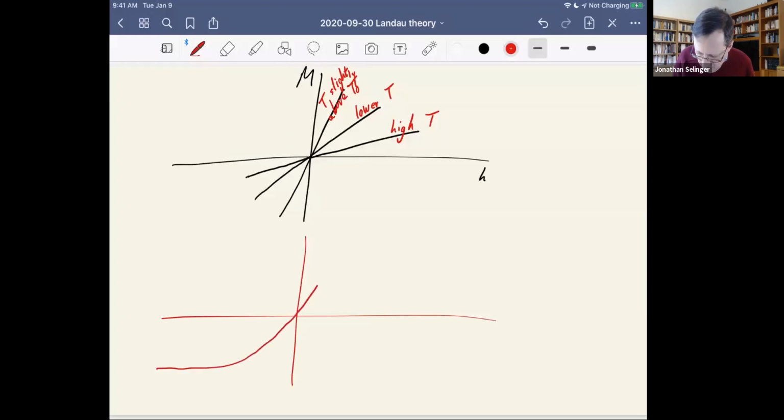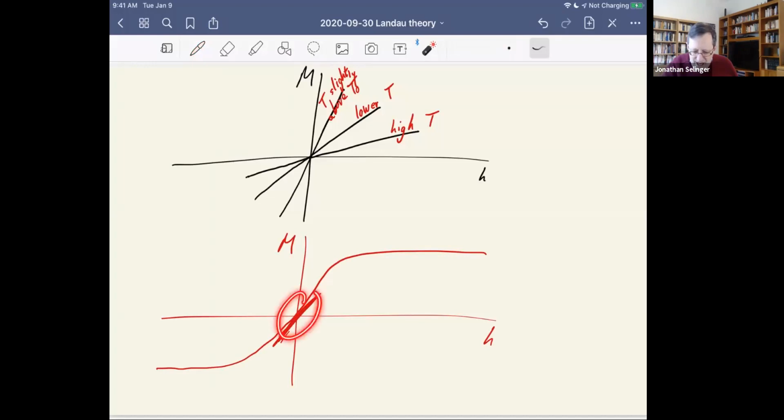We calculated this hyperbolic tangent behavior, and we had M as a function of H, like that, right? And we looked at what was the slope right there, right? And the slope was getting bigger when we got closer and closer to the critical point, okay? So here, it's the same kind of thing. It's just that we're zooming in on this part of the plot, and we don't get the whole behavior for larger fields.